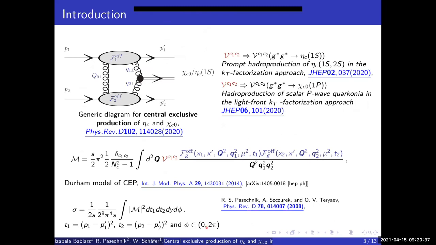First of all, the central exclusive production, which is a diffractive process, is very interesting because of its final state.